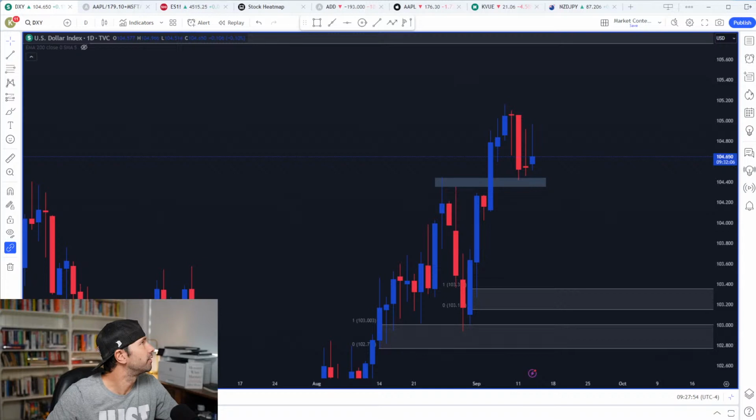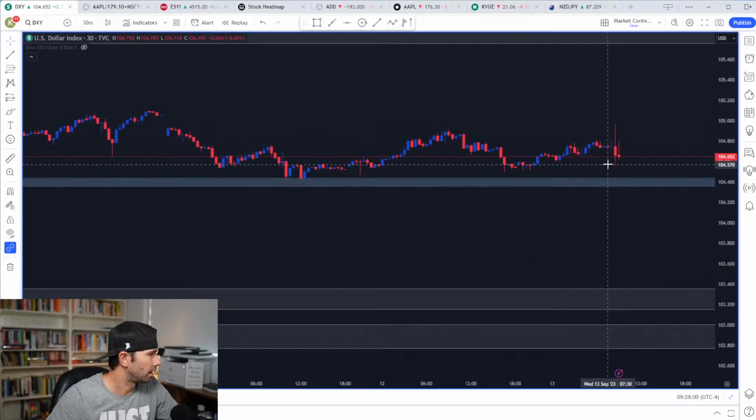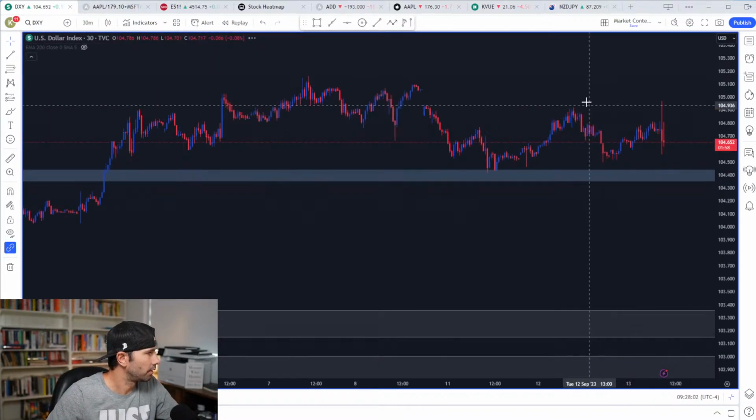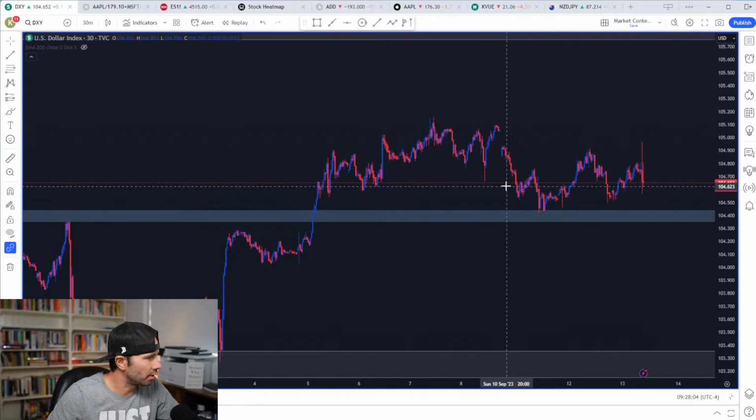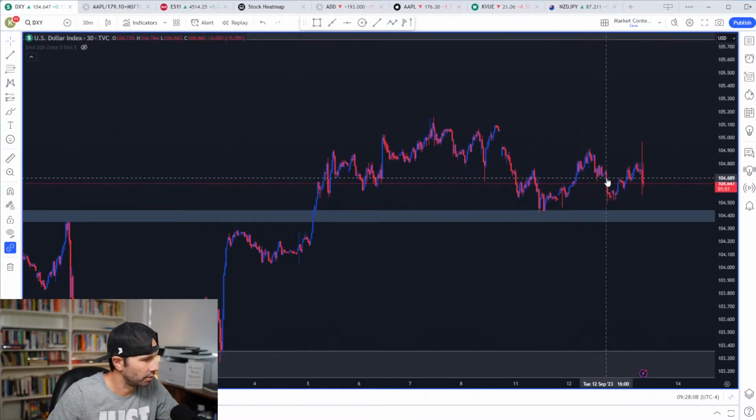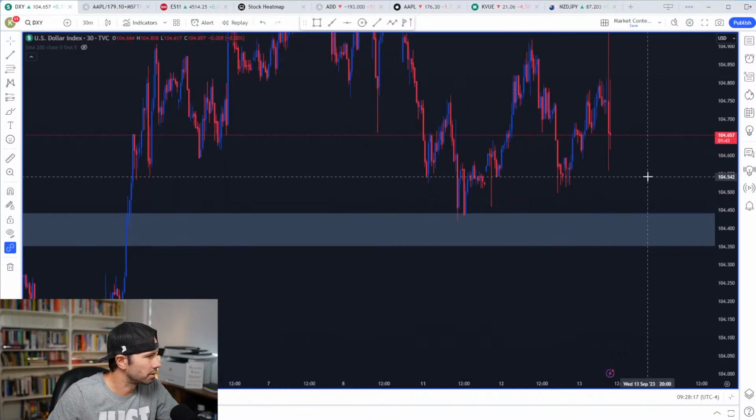But now let's review the dollar, because the dollar is one thing that can give us a good clue here. The dollar came here, ended up dropping yesterday after the market closed. We had a sudden drop here on the dollar, and we're trying to recover here.